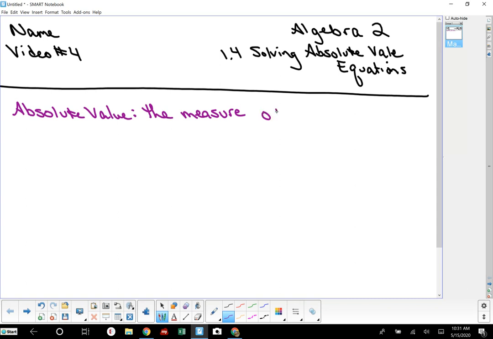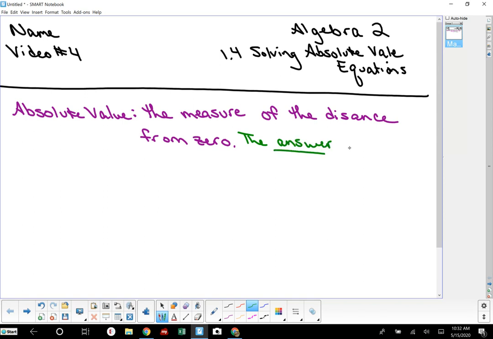The measure of the distance from 0. Sure, we'll word it that way. Because it's a measure, the answer can never be negative.